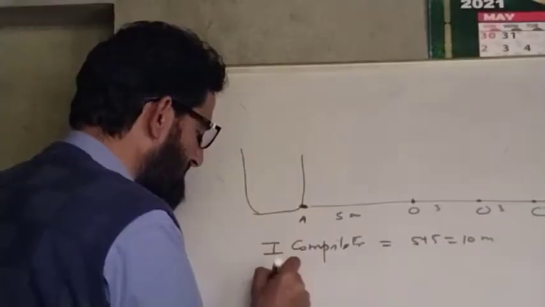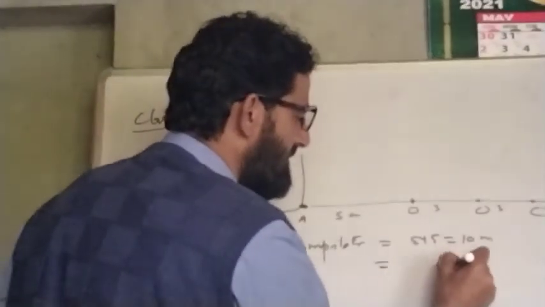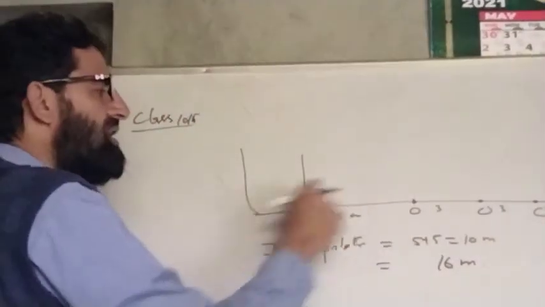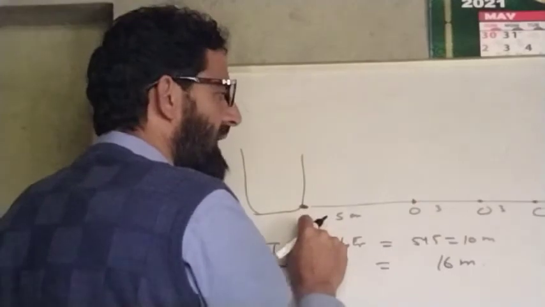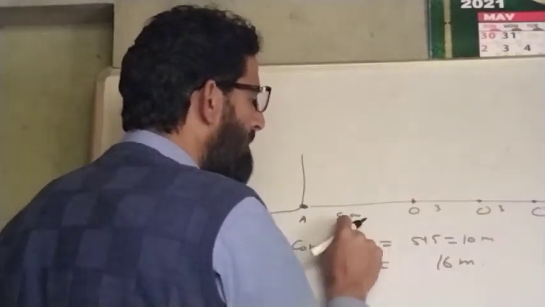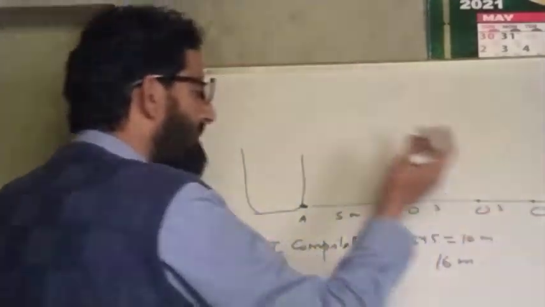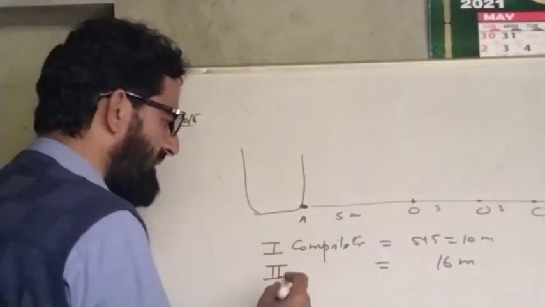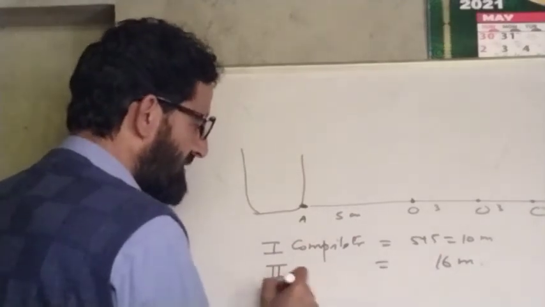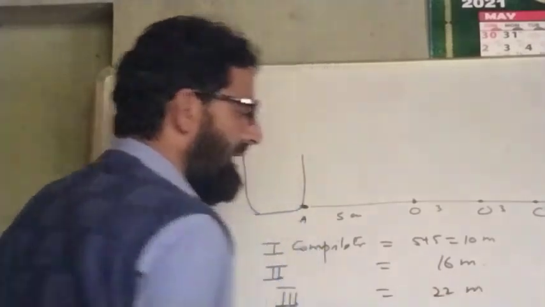Similarly, the third competitor reaches 5 plus 3 plus 3, 8 plus 3 is 11. Then coming back, 11 plus 11 is 22. So the third competitor covers a distance of 22.